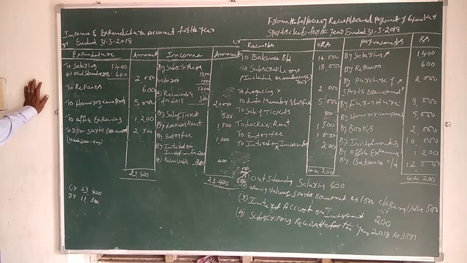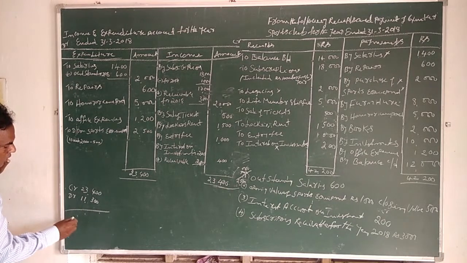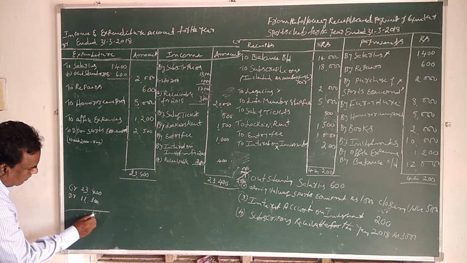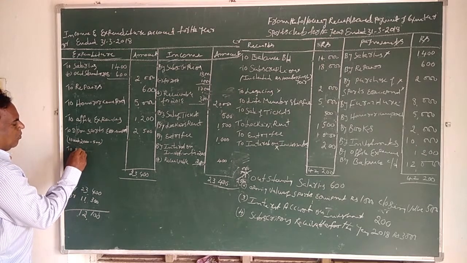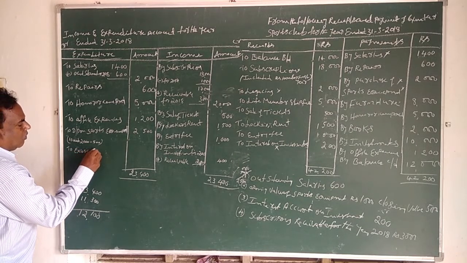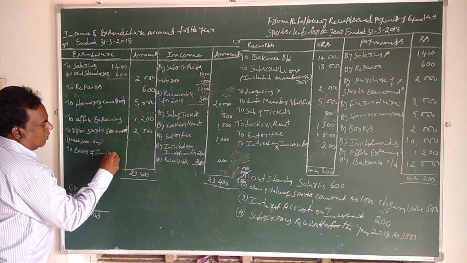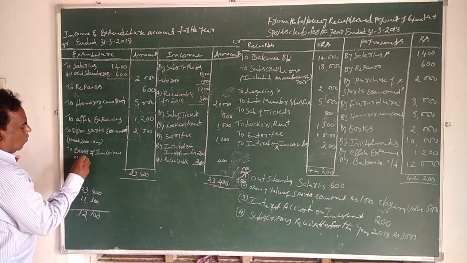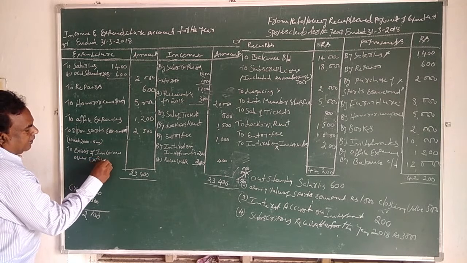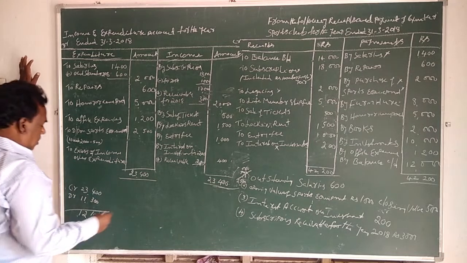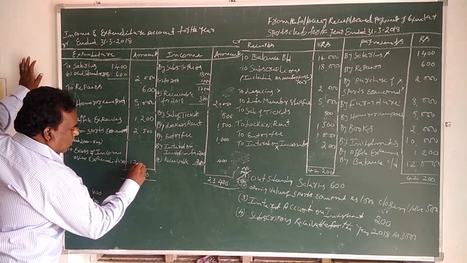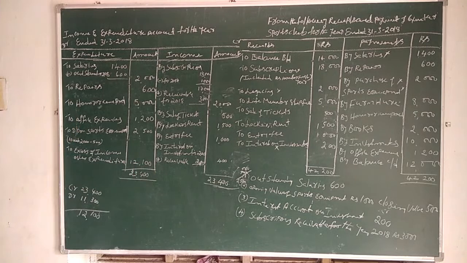11,300 debit balance, 23,400 credit balance. So the surplus of income is 12,100, the excess of income over expenditure. 12,100 excess of income over expenditure.